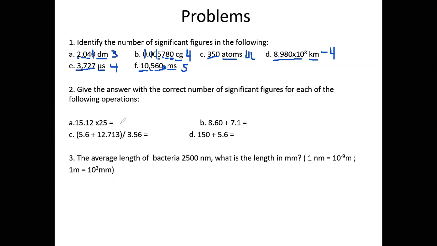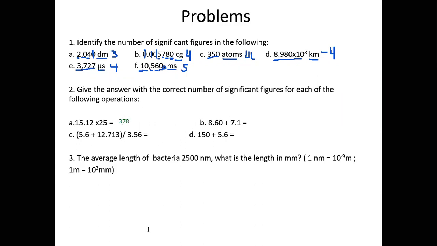Now moving on to number 2, here we want to do the operation and determine the correct number of significant figures in the final answer. So first one we have 15.12 times 25. And so the calculator gives me 378.